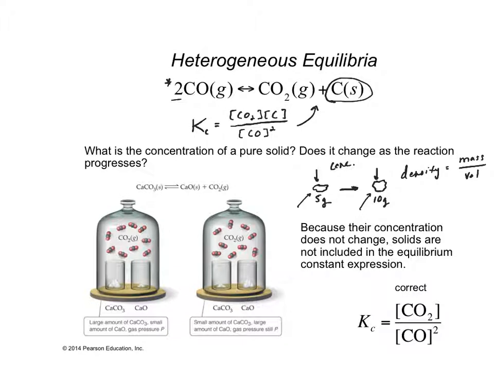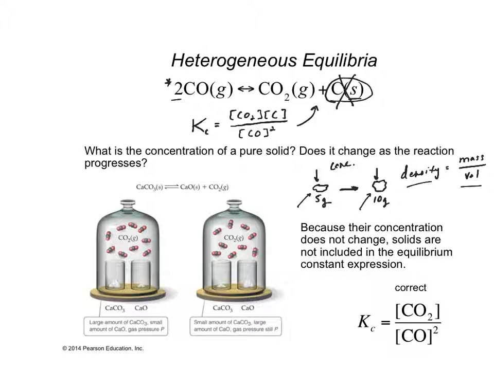Because of that, its concentration is going to remain constant, even though you are making it and utilizing it. So we don't include solid carbon or solid substances at all, anything that has a physical state of a solid, in our equilibrium constant expressions.